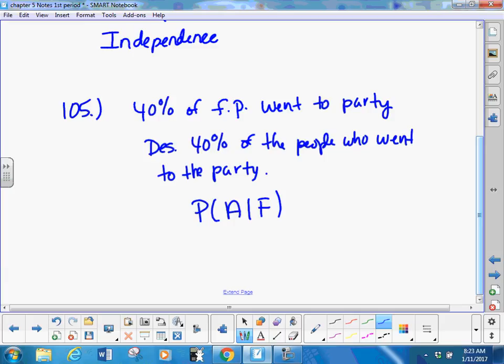All I wanted was for you to do this part. And so the correct way to describe it is the probability of, given that you got food poisoning, you went to the party, or you went to the party, given that food poisoning is already a thing that happened. This is kind of a finer point on understanding the probability statements.